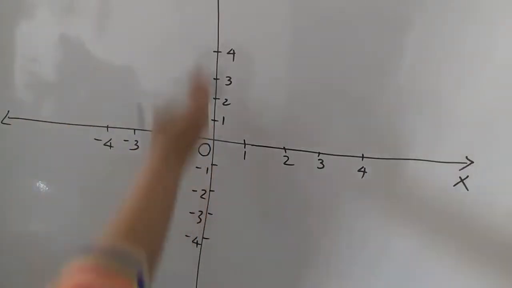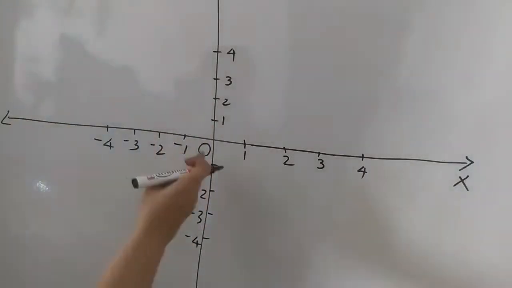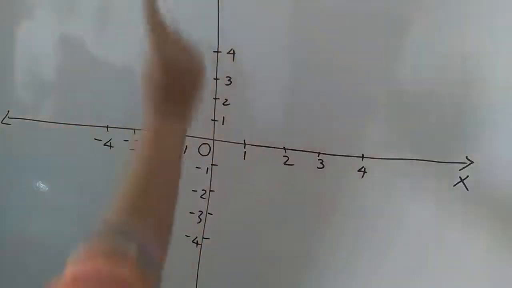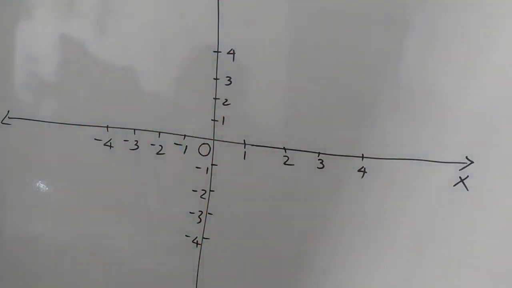Similarly, on the upper side of the origin there are positive numbers, and on the lower side negative numbers. Similarly, this is x dash and y dash. Why? Because the left side from x we write as x dash.